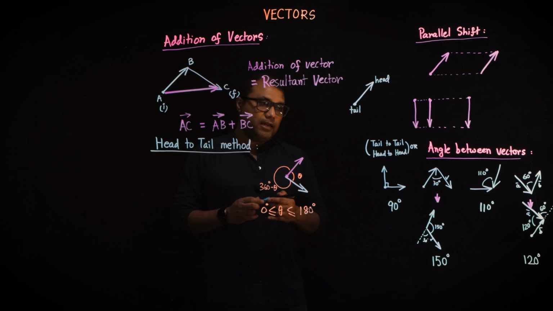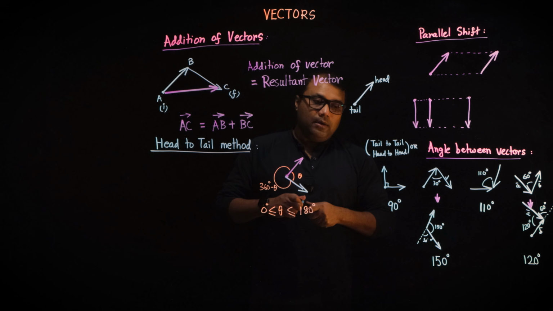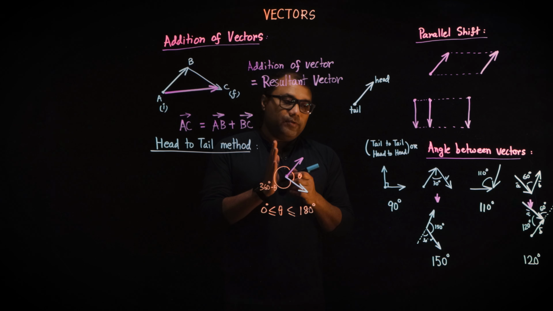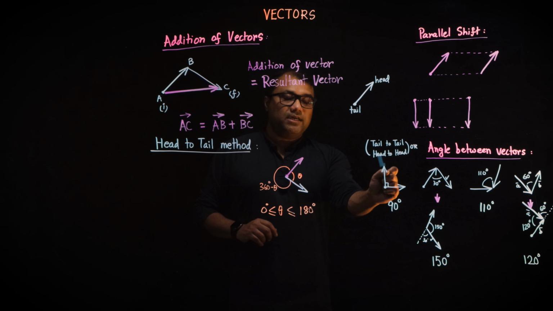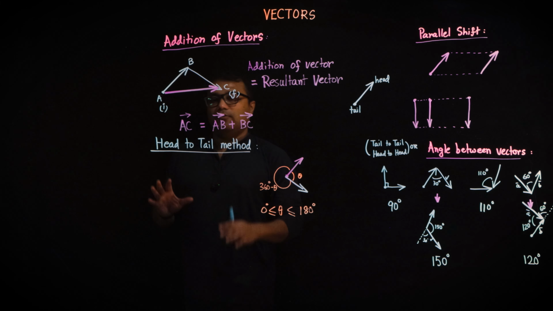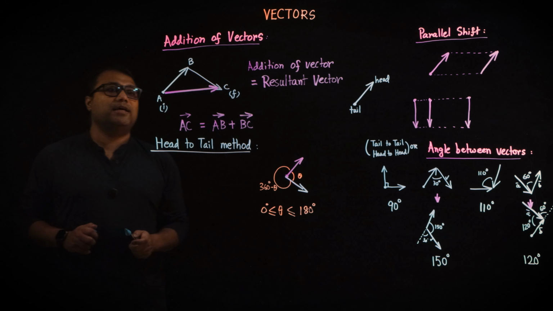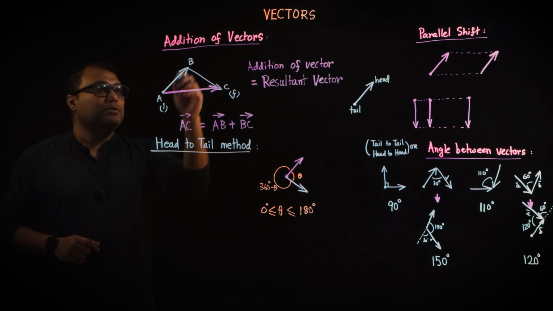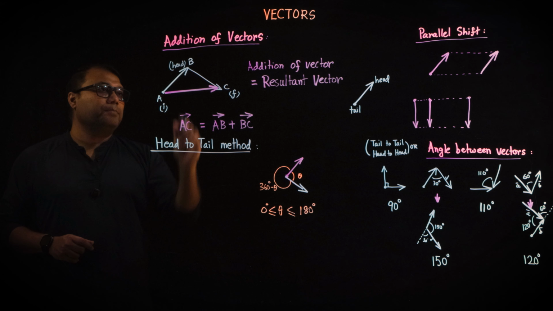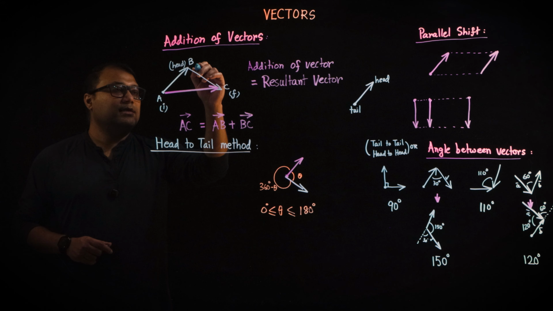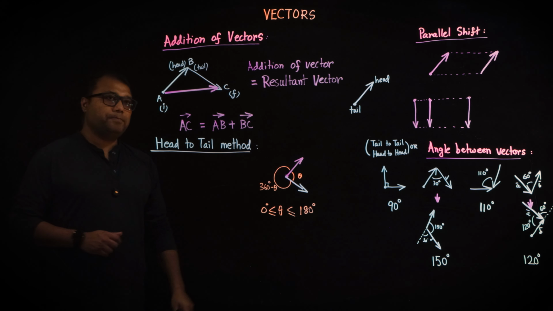When we determine the angle between vectors, we find the angle when the vectors are connected tail to tail or head to head. But when we are doing addition of vectors in this head to tail method, you will see that this is the head of vector AB and this is the tail of vector BC.